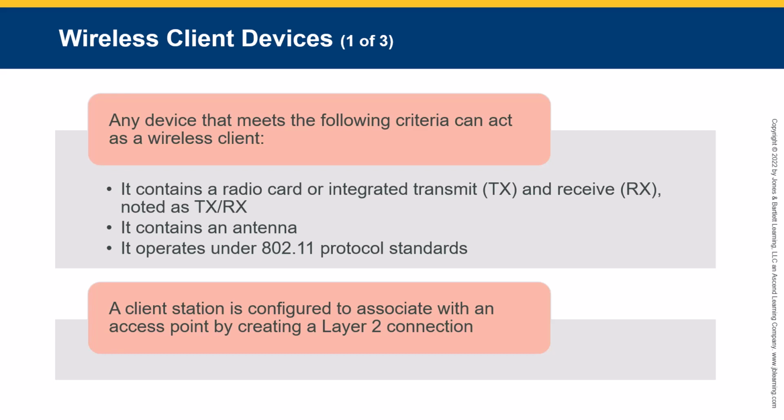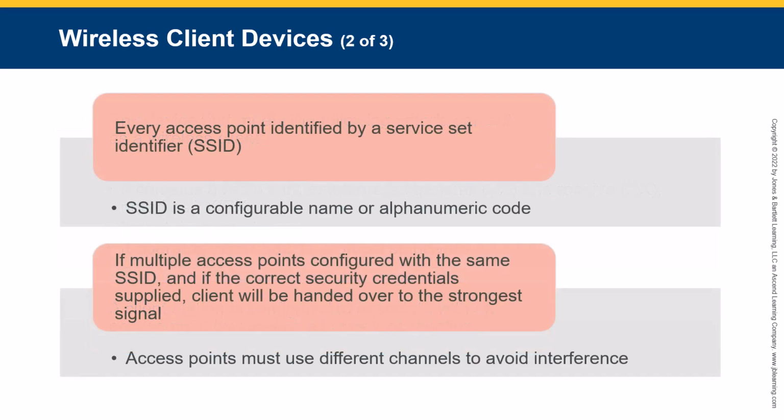Again, in the previous slide, we looked at very specifically an access point being attached to a wired network to extend the capabilities of the network through the wireless access point to wireless clients. Some of the things that you're going to need if you are the wireless client, you're going to have to know how to access the identifier of the wireless network.